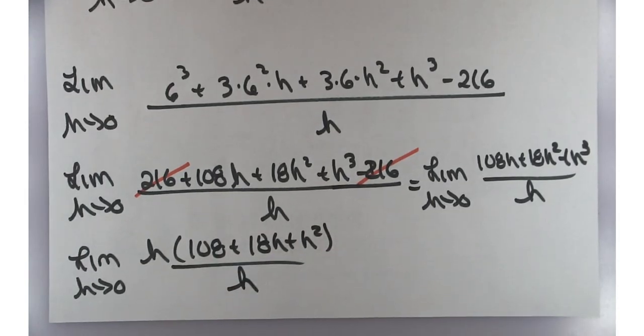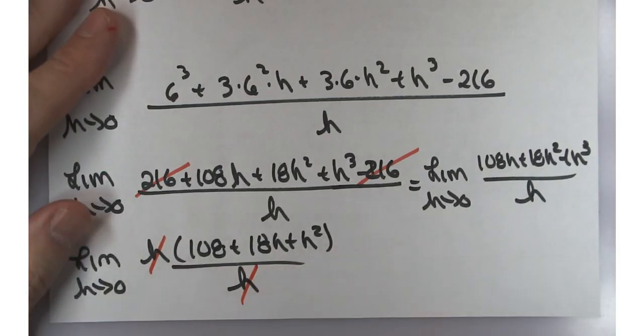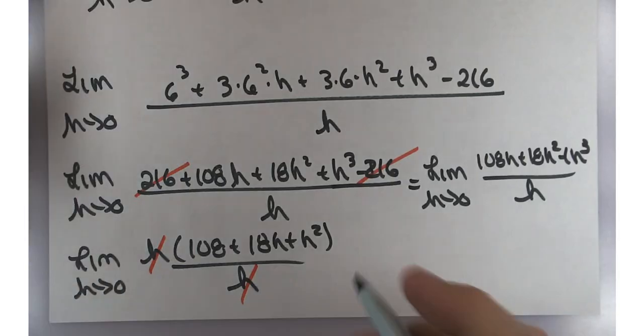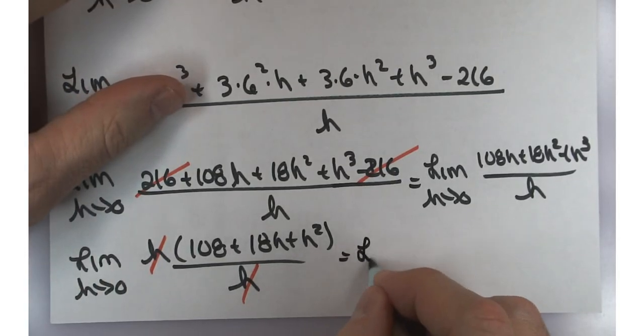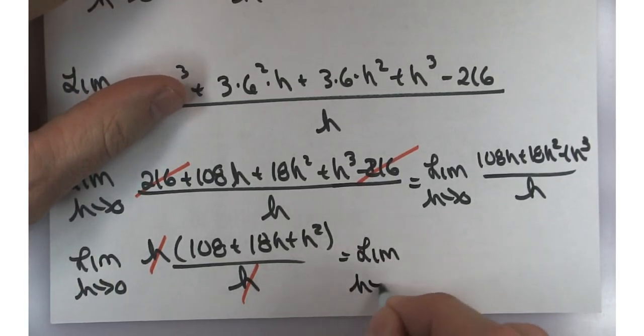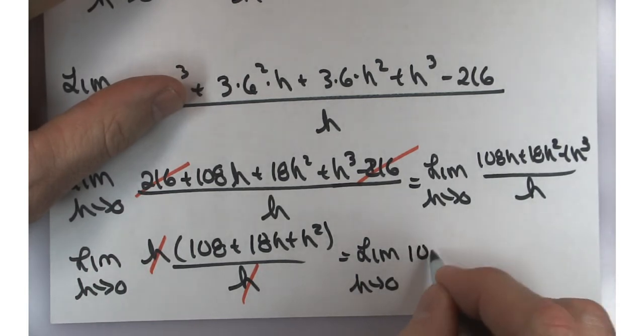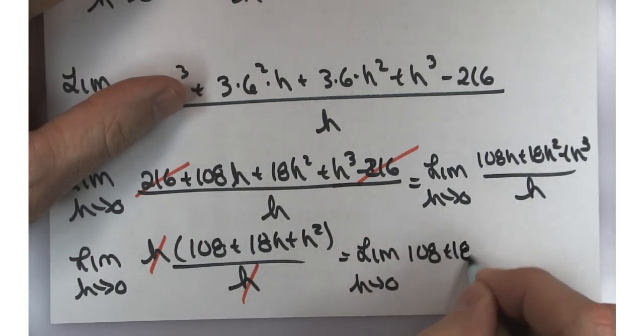I still can't plug in h equals 0, at least until I do one more step. Cancel out the h's. Let's get rid of the h's. And that's going to be the limit as h approaches 0 of 108 plus 18h plus h squared.